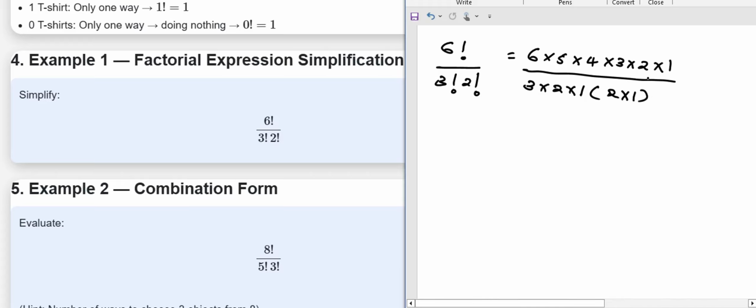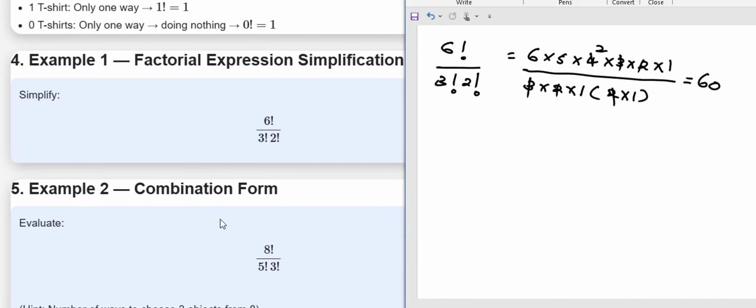So I can cancel the 3 with this one, cancel this 2, and cancel this 2 by 2, and what remains is 6 by 5, which is 30, by 2, which is 60. So the answer becomes 60.